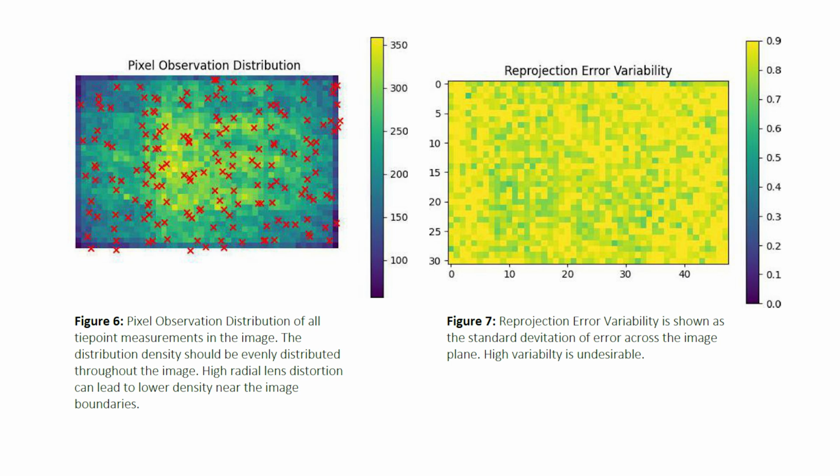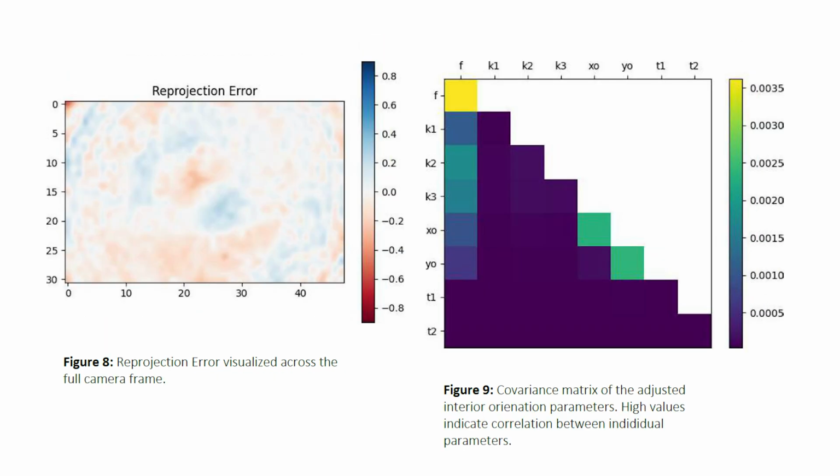Ideally, reprojection errors will have a normal distribution of error throughout the image plane. However, under certain conditions, there may be correlation between parameters, which will typically be systematically visible in the reprojection error variability graph. Like the pixel distribution, the reprojection error graphs show the discrepancies between observed image points and their corresponding projections.